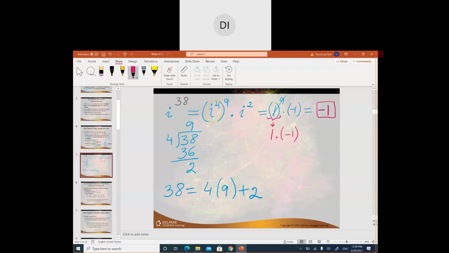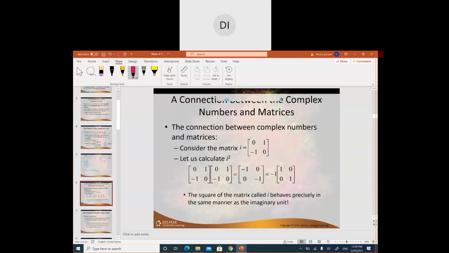Okay, so we're going to go to the next slide then. The next one is about the connection between complex numbers and matrices. So here we represent the complex number with matrices. The identity matrix, you remember the unit matrix, it's 1, 0, 0, 1.